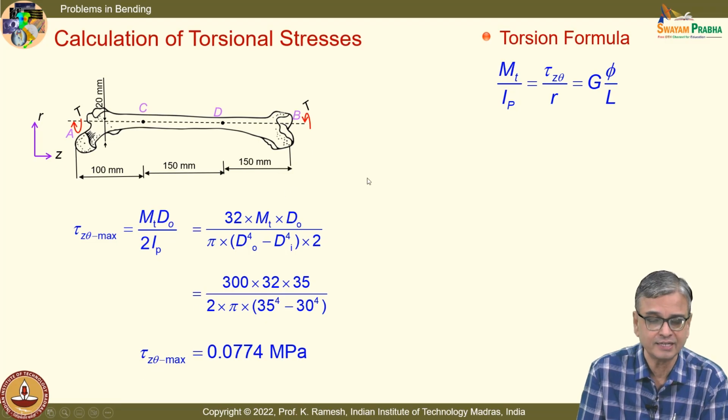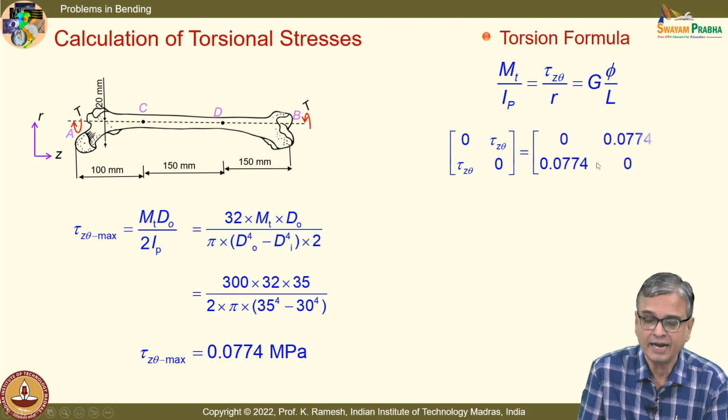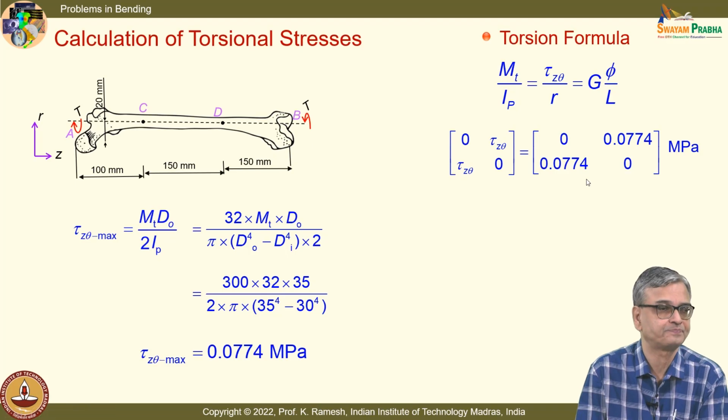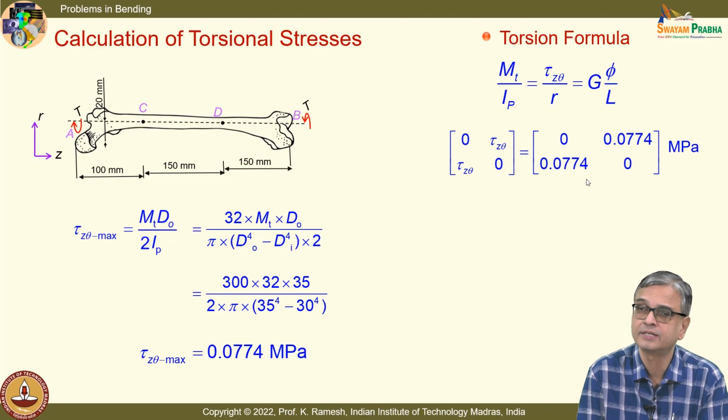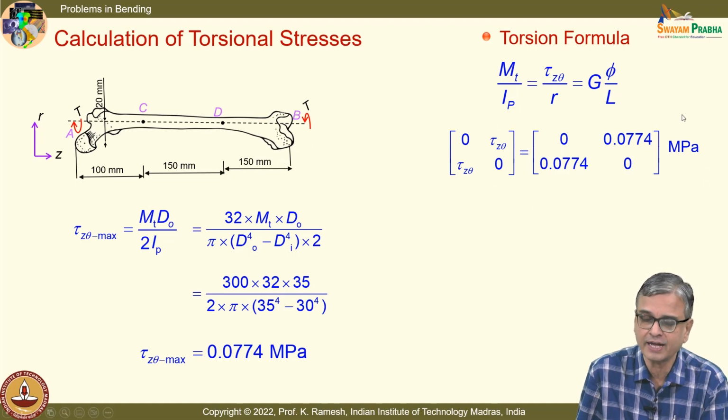So, it is prudent for me to write it like this, 0 tau z theta, tau z theta 0, I have used equal cross shears, okay, and you have the stress tensor, and I have filled in the numbers that I have got. I have got this as 0.0774 MPa, but when I write it in tensorial form, I have it like this.